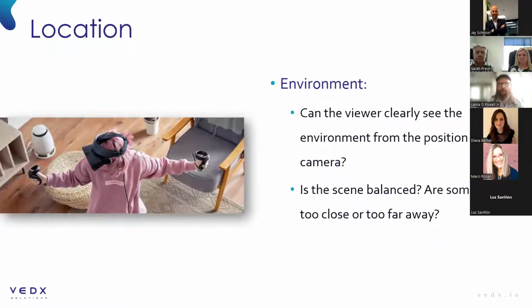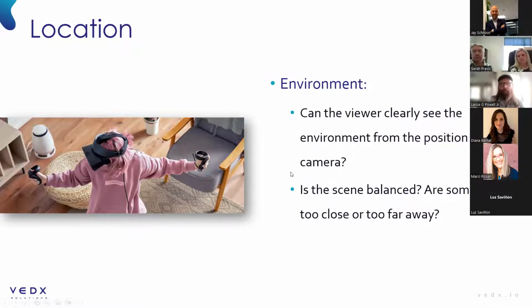Okay, so in the environment, make sure that the viewer can clearly see the environment from the position of the camera. Just put yourself in the camera's line of sight, and ask how easy it is to see this. Also make sure that the scene is balanced, so that there isn't a lot of distortion.